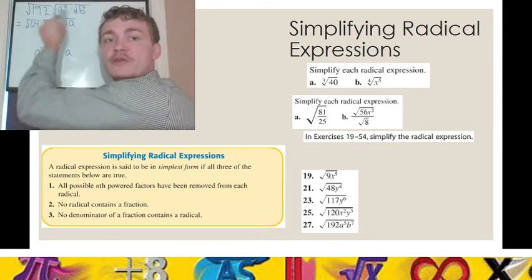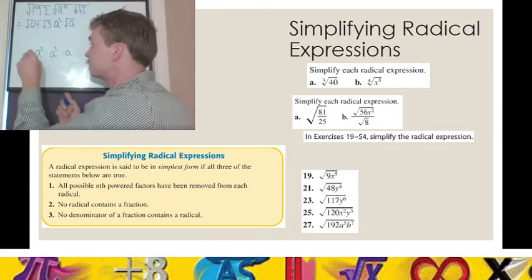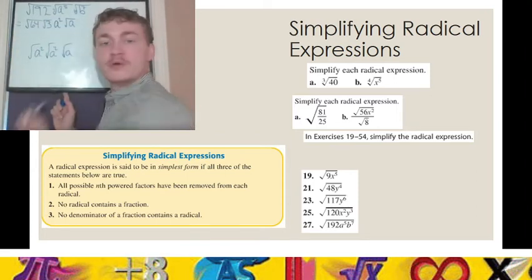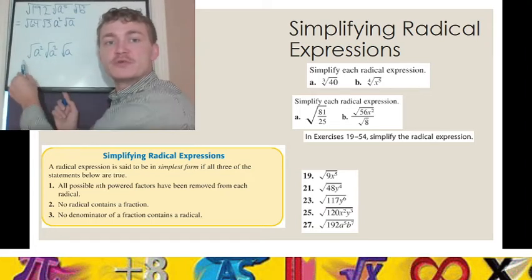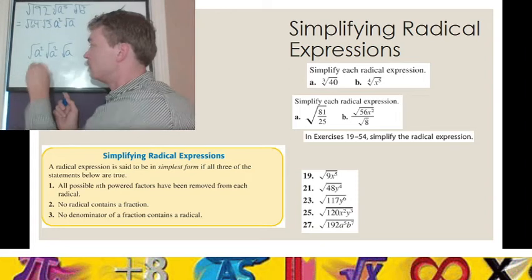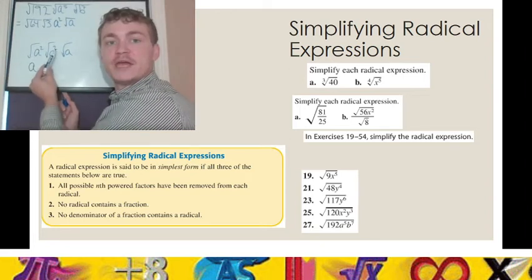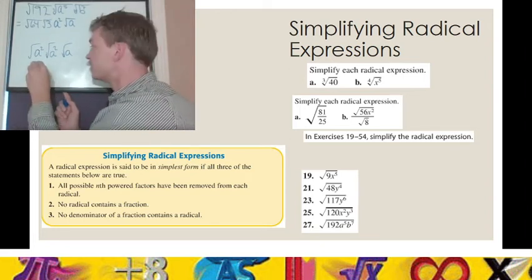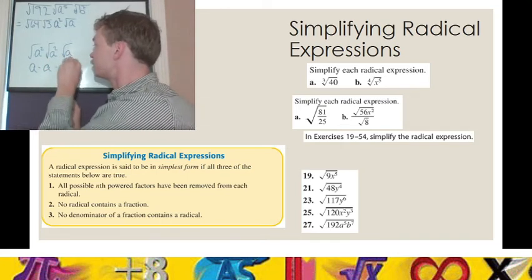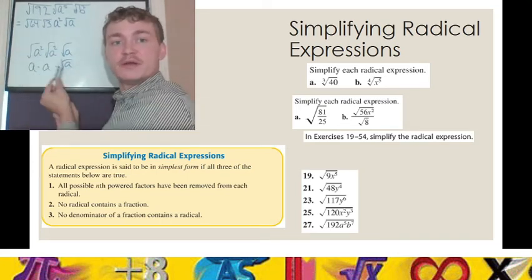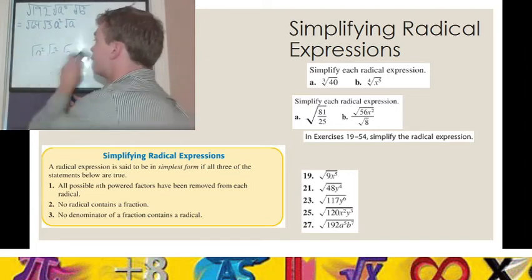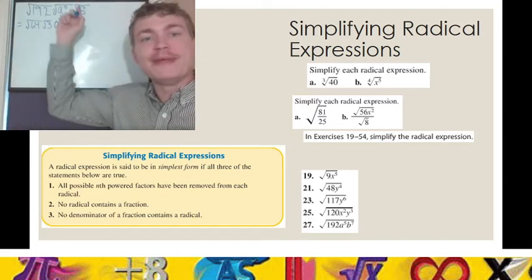Thus, the square root of a to the 5th gives us, according to our product rule, the square root of a squared times the square root of a squared times the square root of a. Using our inverse property to cancel, we get a factor of a here. Thus, 2 factors of a get factored out of the radical, giving us a squared, multiplied by the square root of a. Same concept with b to the 7th power.